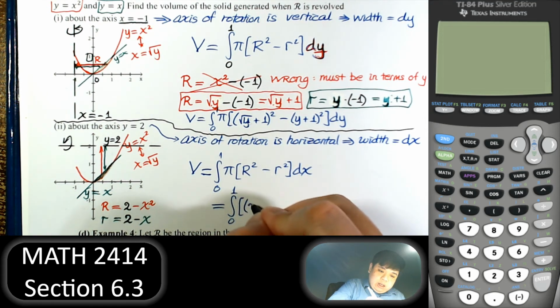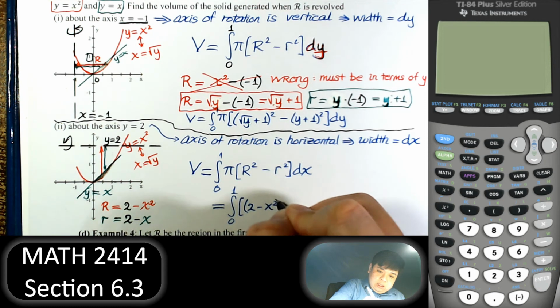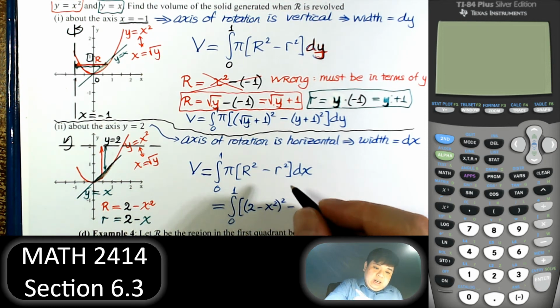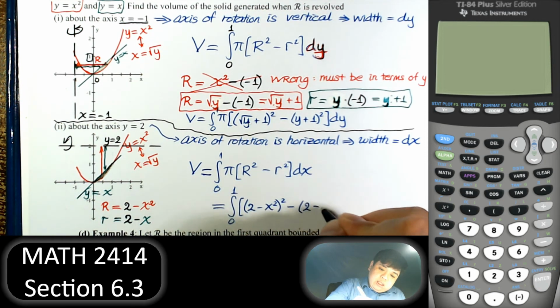R squared is 2 minus x squared, and then little r is 2 minus x squared, dx.